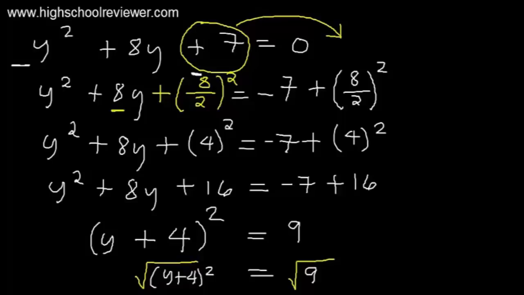Okay, let's just make this a little longer. And then the square root of y plus 4 raised to the power of 2 will now be y plus 4, and the square root of 9 will be plus or minus 3.